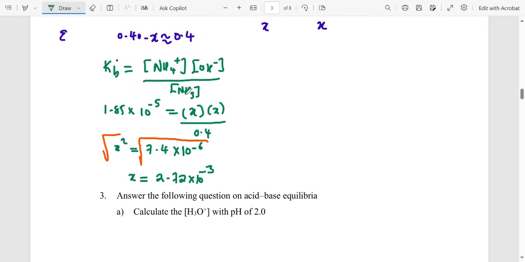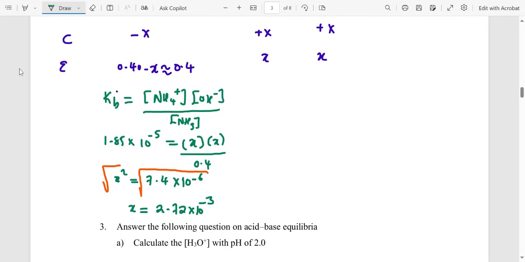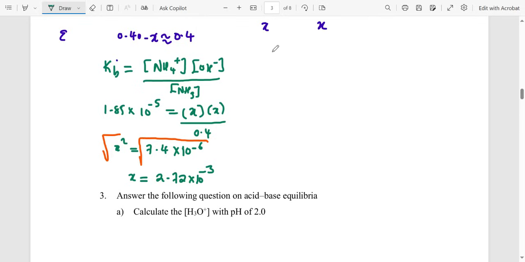So remember, the concentration of hydroxide at equilibrium was x. So this tells you that the concentration of hydroxide at equilibrium is actually 2.72 times 10 to the power negative 3.